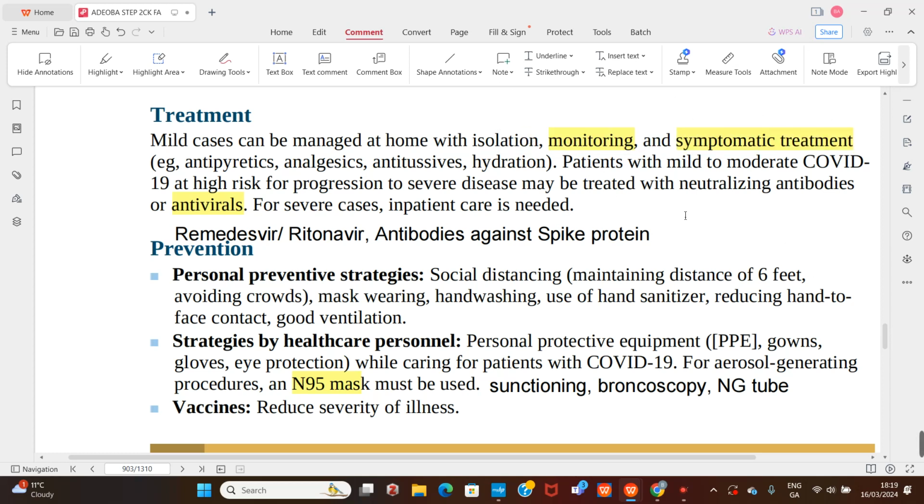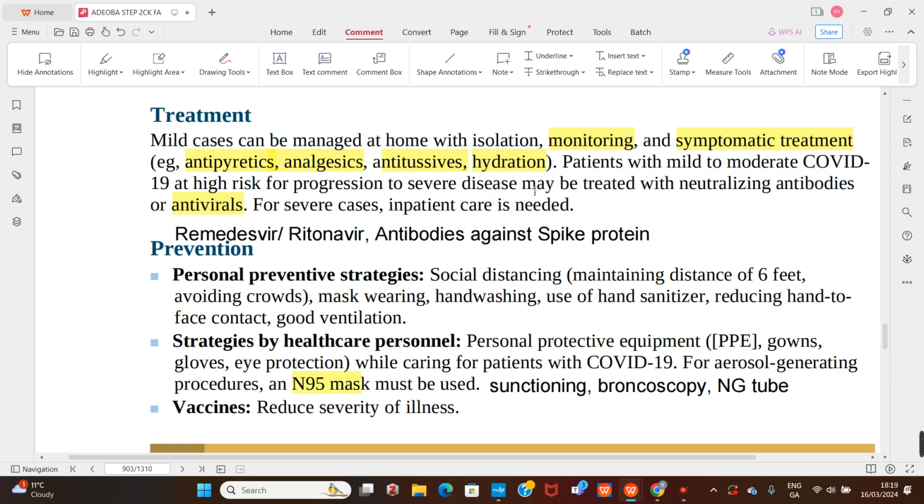You just do symptomatic treatment generally. Give antipyretics for the fever. If there's any serious coughing, chest pain, headaches, give analgesics, antitussive for the cough, and hydrate because of the systemic inflammatory response consuming a lot of fluid. So from the increased metabolism, hydrate the patient.